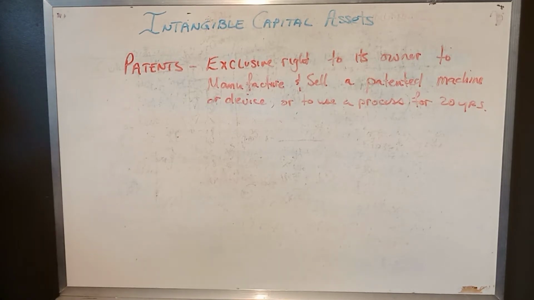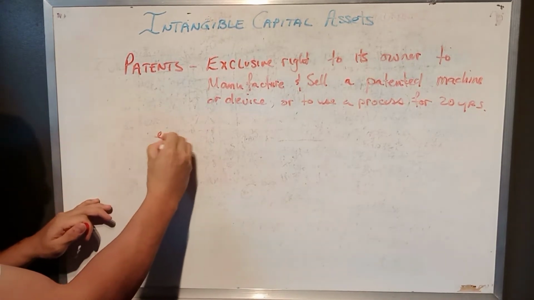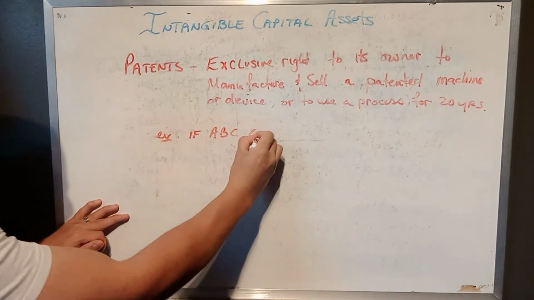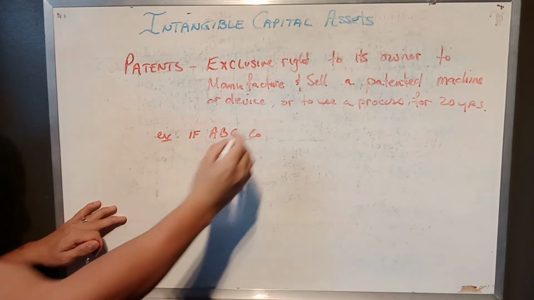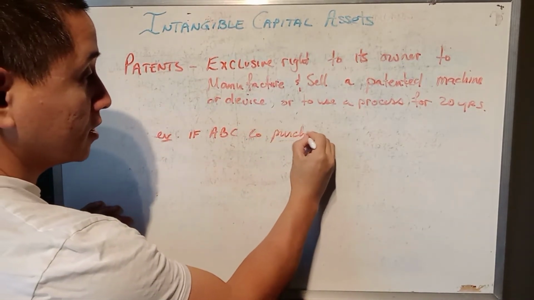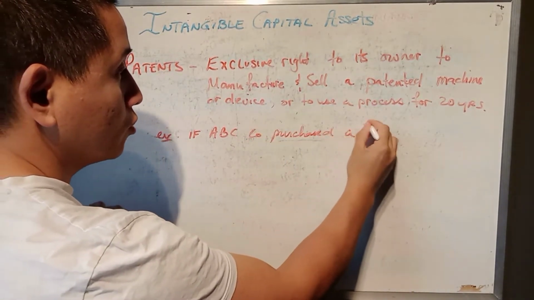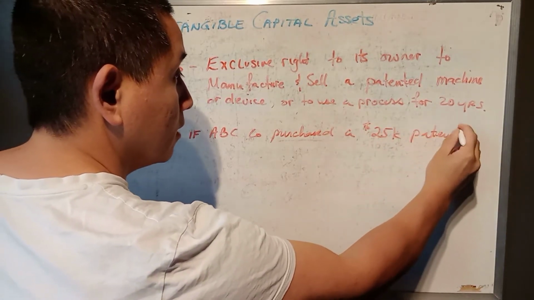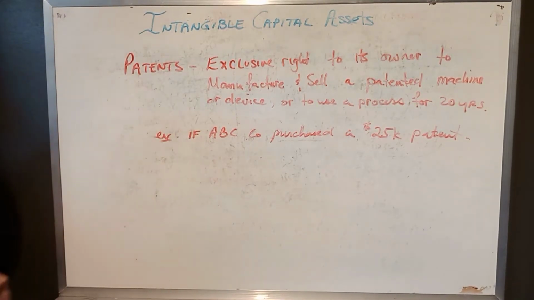So for example, let's say ABC company purchased a $25,000 patent, and it would go through usually the patent office.